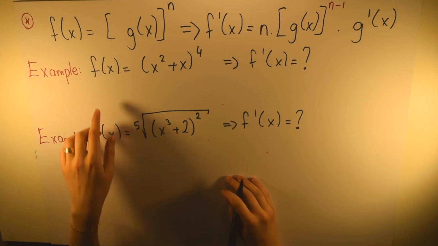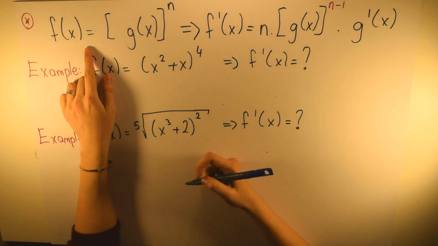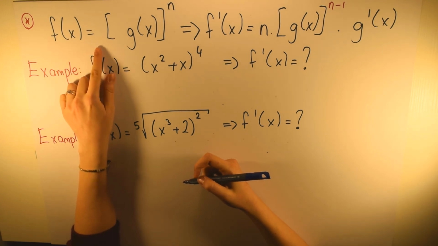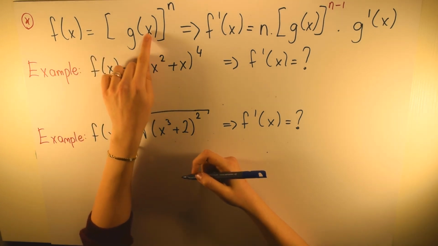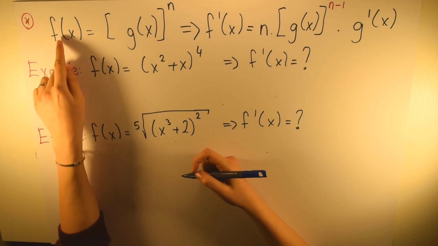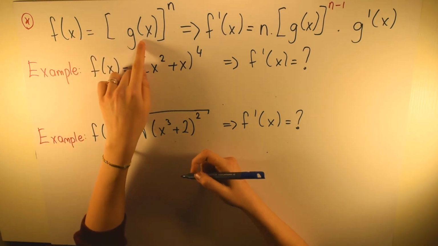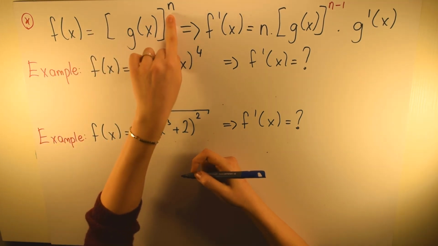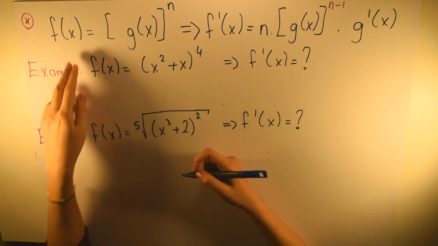Okay, here we have a very important rule. So let's say f of x is equal to g of x to the power of n. So here the function f is equal to another function to the power of n. Okay, so how do we take its derivative?